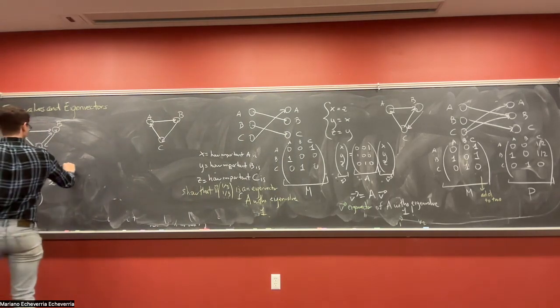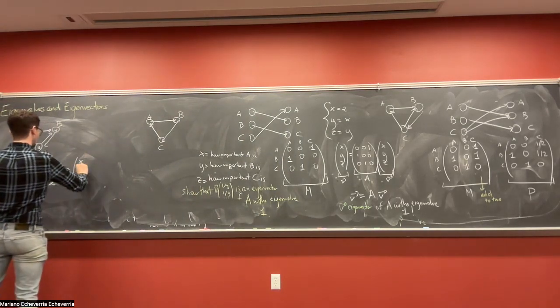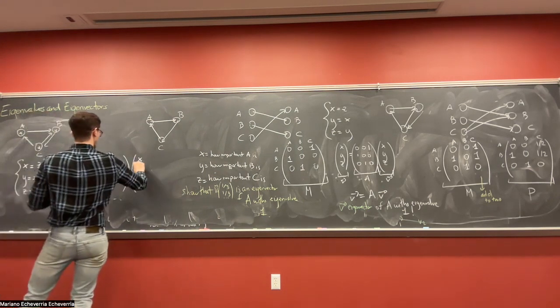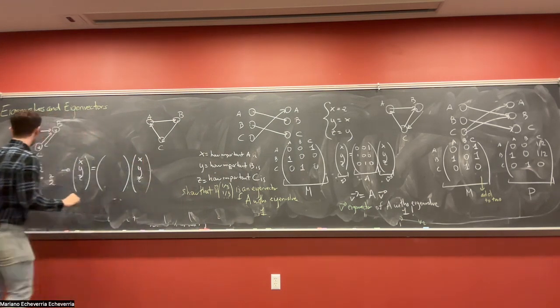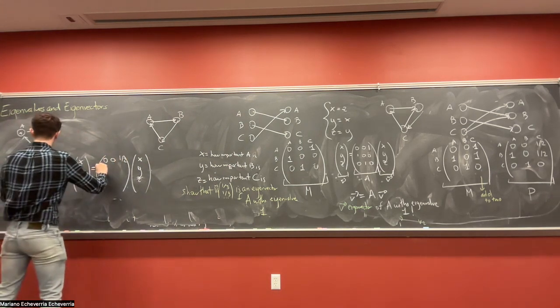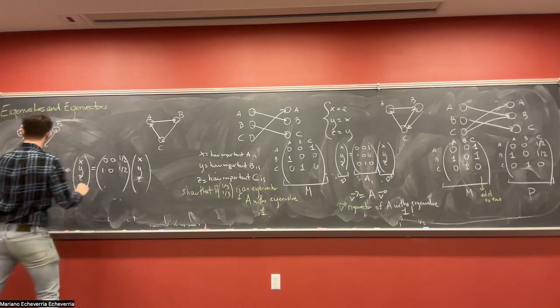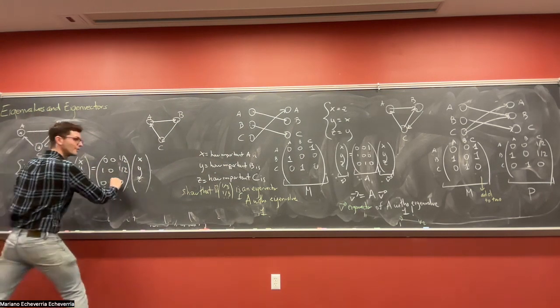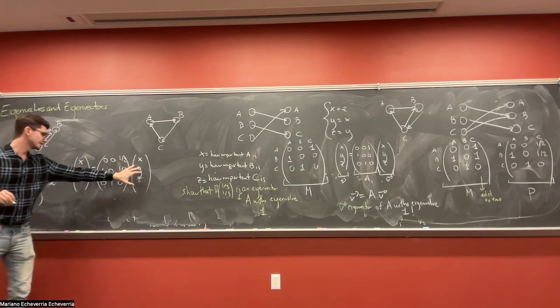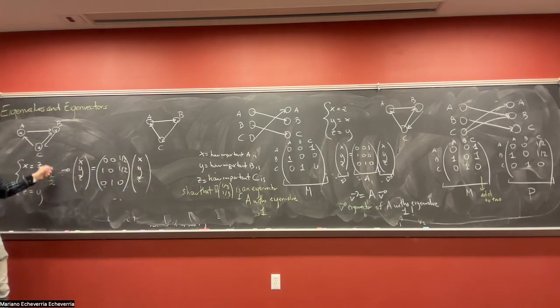So if you think about it this way, it's X, Y, Z equals what? Maybe you're more used to a more complicated system. It's 0, 0, 1 half, 1, 0, 1 half, 0, 1, 0. If you do this matrix times this vector, you get these entries.